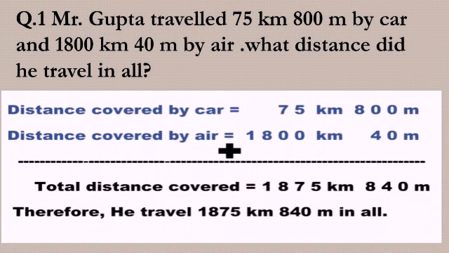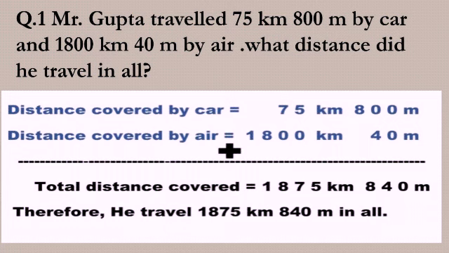Mr. Gupta traveled 75 km 800 meter by car and 1800 km 40 meter by air. What distance did he travel in all? So Mr. Gupta traveled some distance by car and some distance by air.